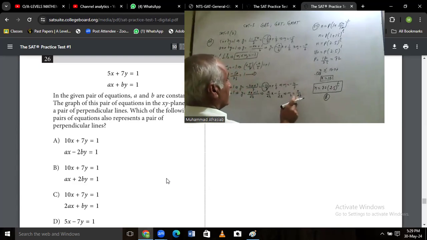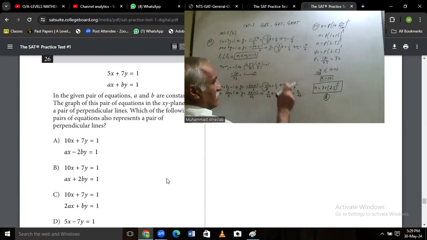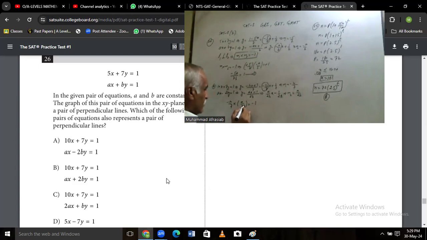So we check this product: minus 10 over 7 into minus a over 2b is equal to minus 1. Two fives are 10, this minus and this minus cancel, so 5a over 7b is equal to 1. But our expression is 5a over 7b is equal to 1 with the sign condition from before, so this answer is wrong there.